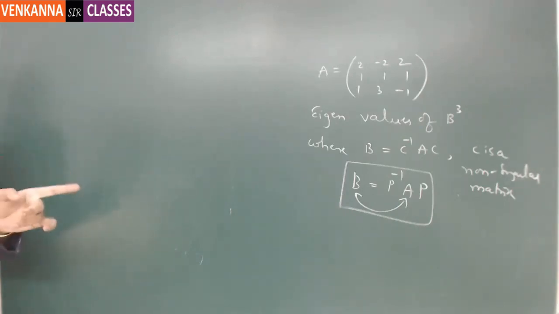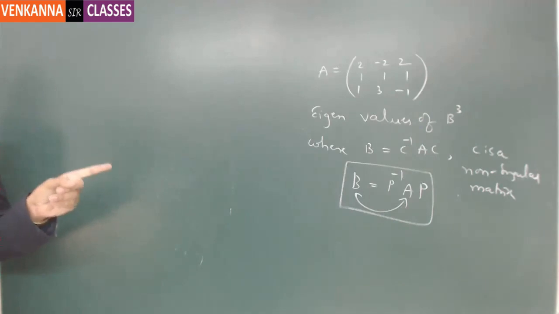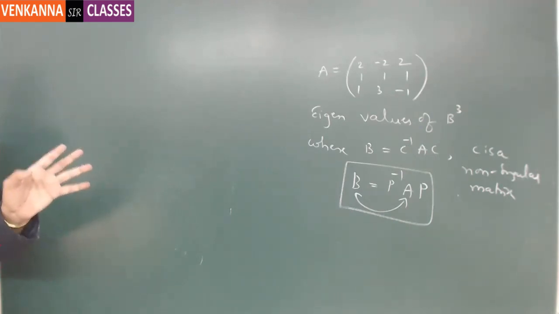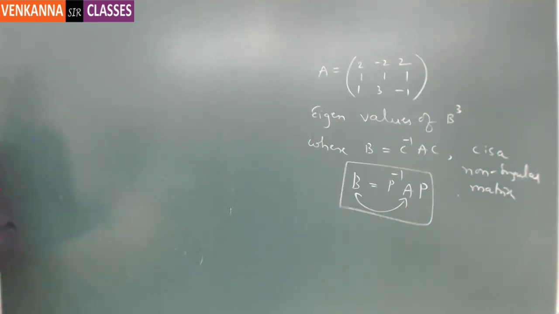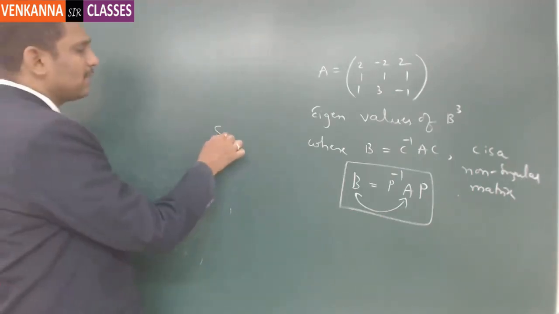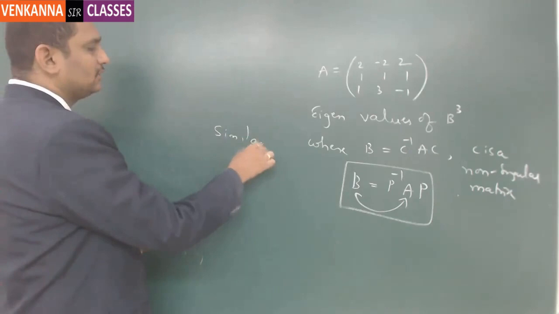Don't misunderstand that B is a diagonal matrix here. Whenever you have a relation like that, what can we say about A and B? We call them similar matrices. Agreed?